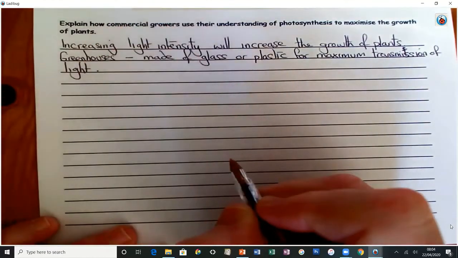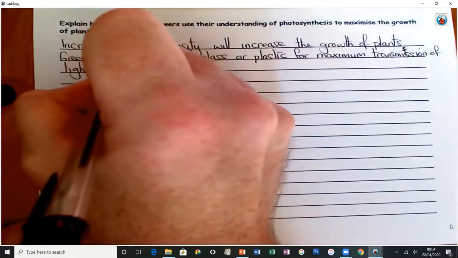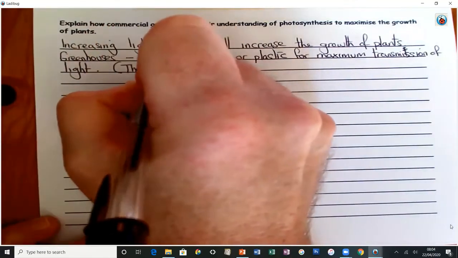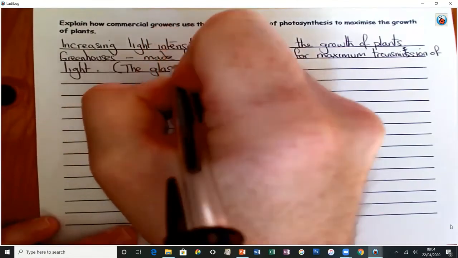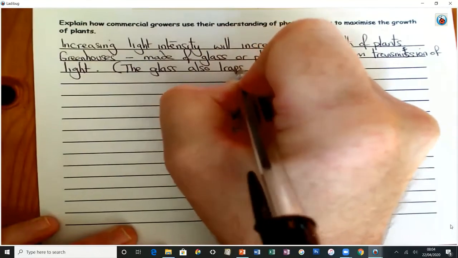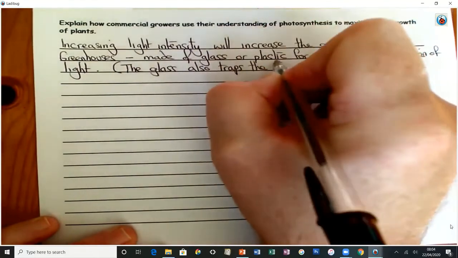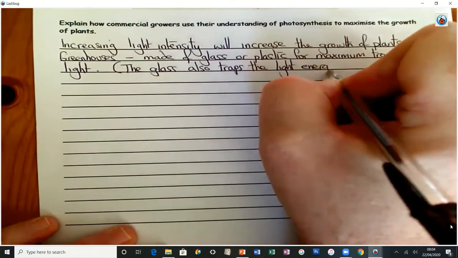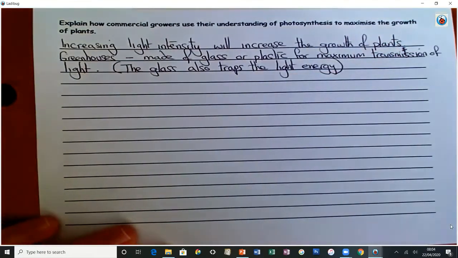Remember, the glass also traps the light energy. Just think of the greenhouse effect.